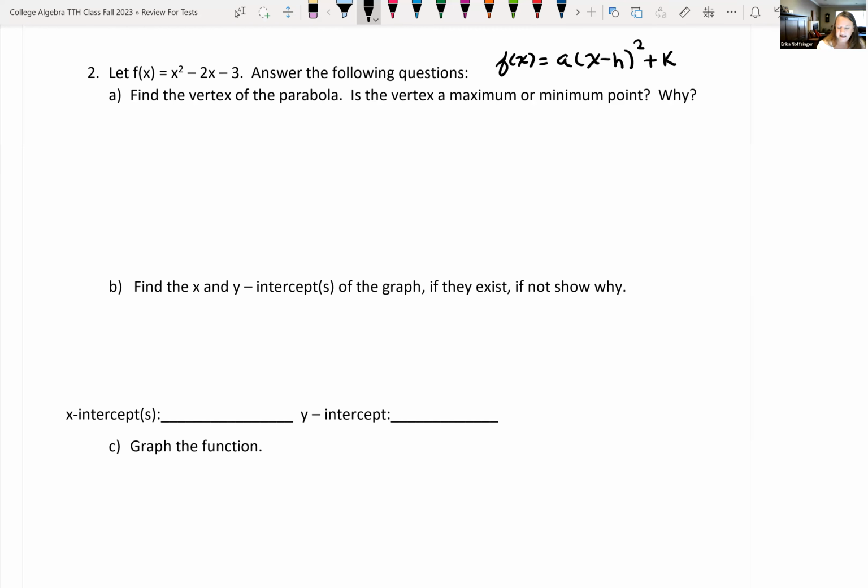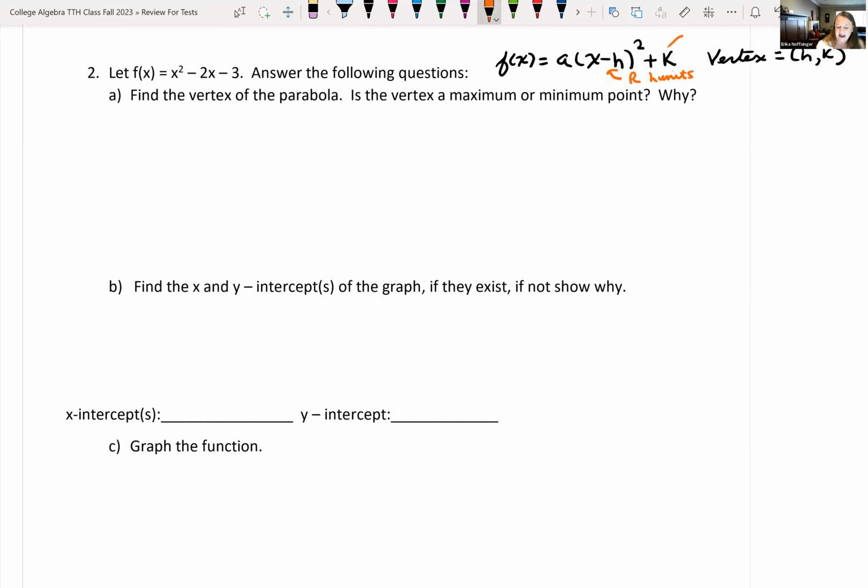And if we can get it into this form, the vertex is equal to h, k, which if you think about our translations of graphs, this minus h in here, this shifts it to the right h units.